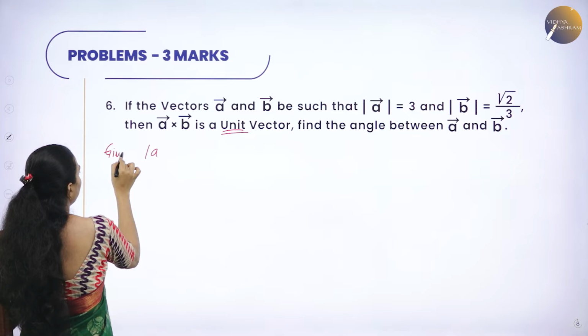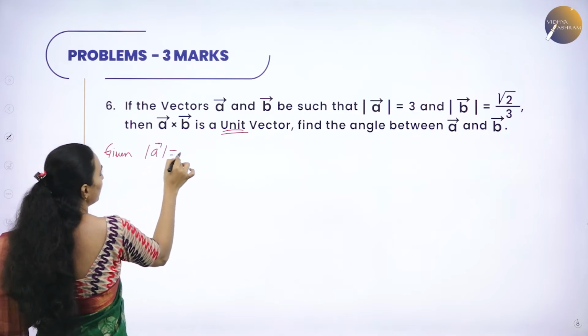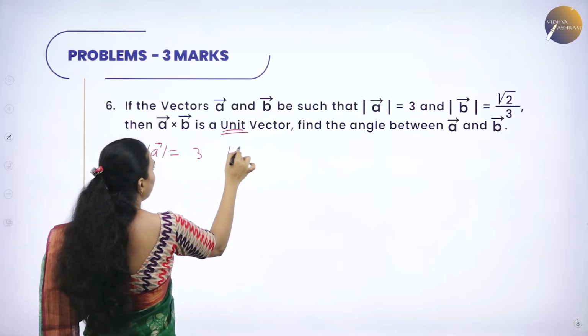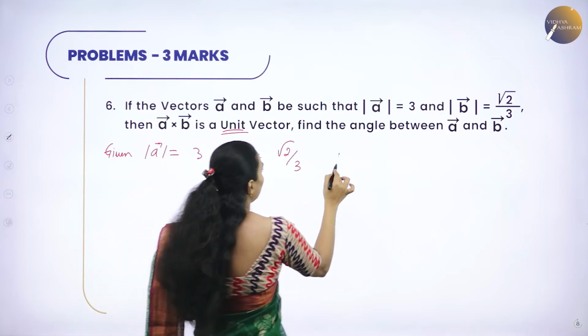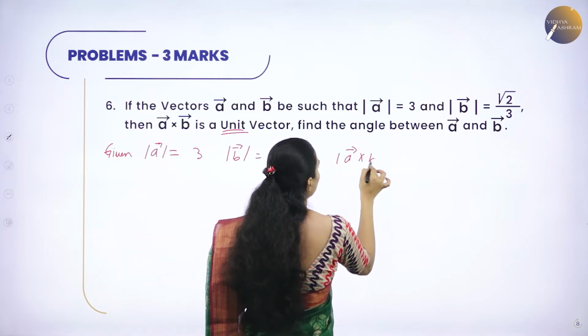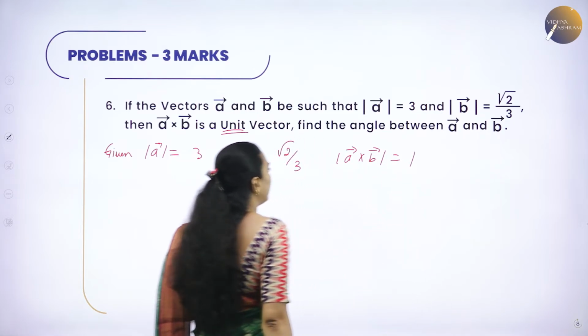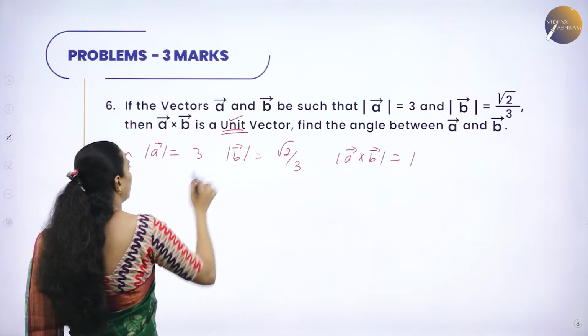First take down whatever they have given. Magnitude of A vector is equal to 3, magnitude of B vector is equal to root 2 divided by 3, and magnitude of A vector cross B vector they have given as 1 because they have given a unit vector.